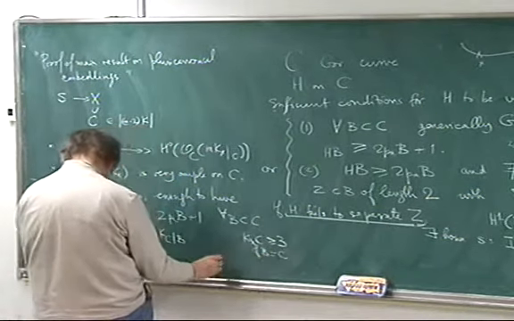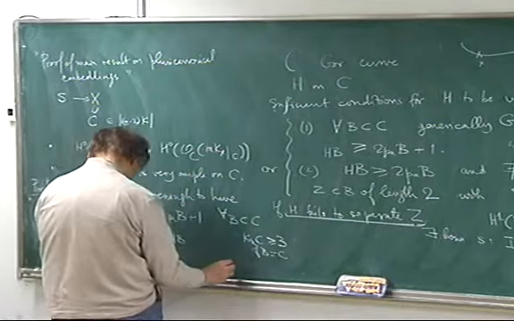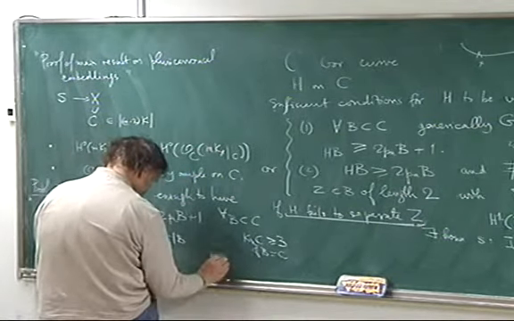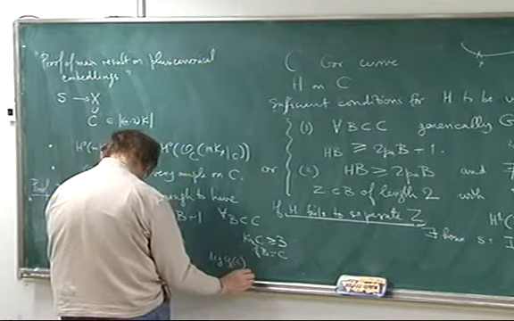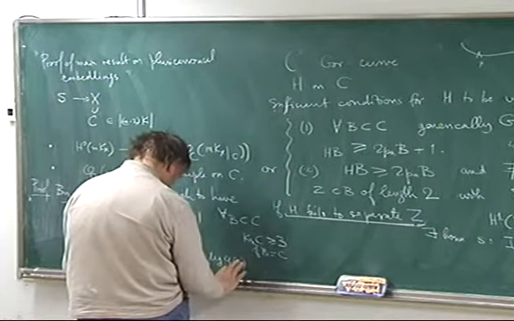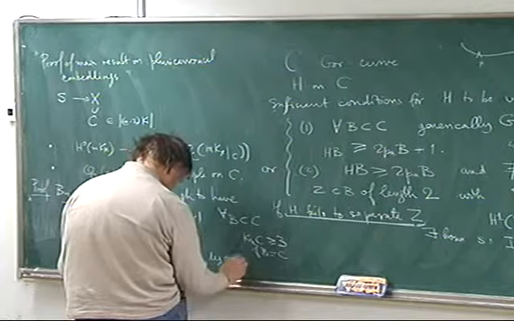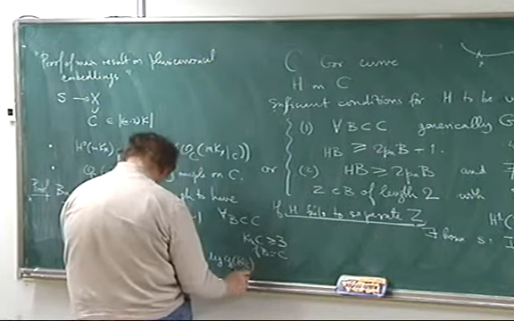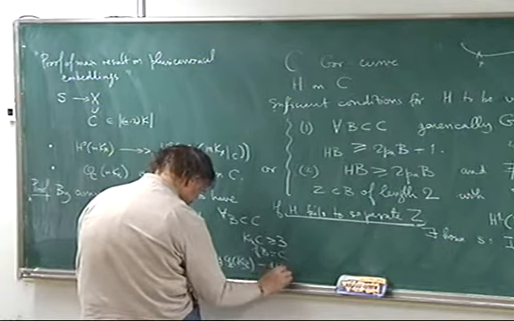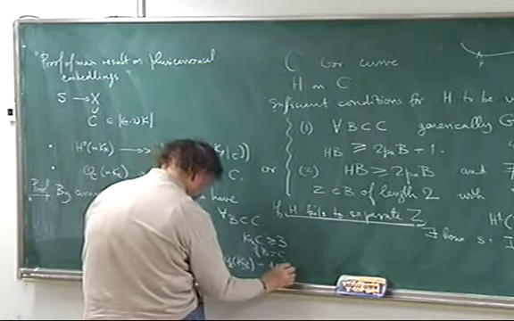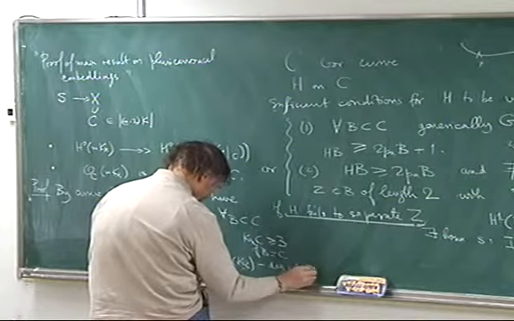And we also need the degree of OB of KC minus the degree of omega B greater than or equal to 2.